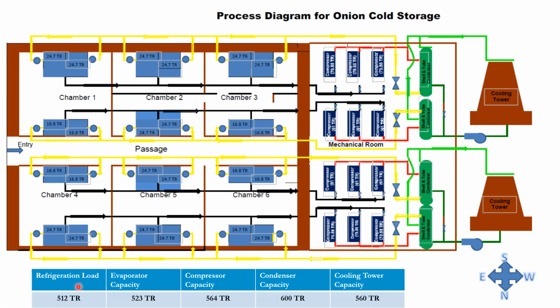We can see the actual refrigeration load is 512 TR, but evaporator capacity chosen is slightly oversized, that is 523 for the safer side. Even compressor capacity is slightly greater than evaporator capacity, but the condenser capacity is even greater than the compressor capacities. So there is a proper balance.